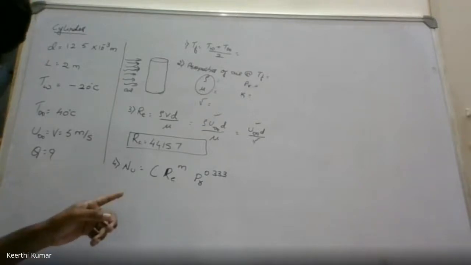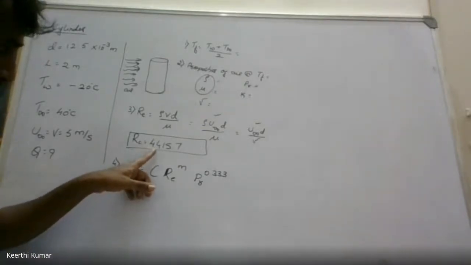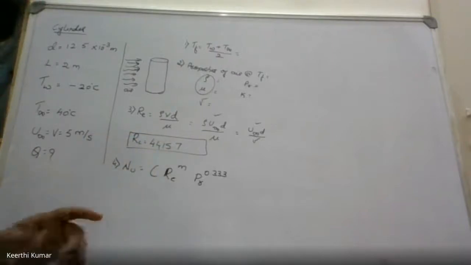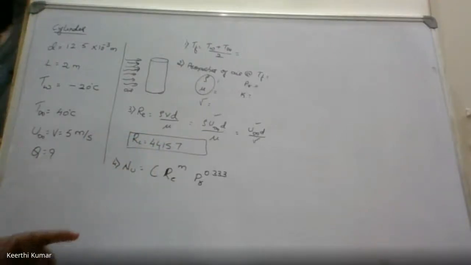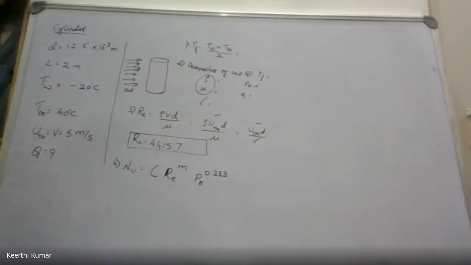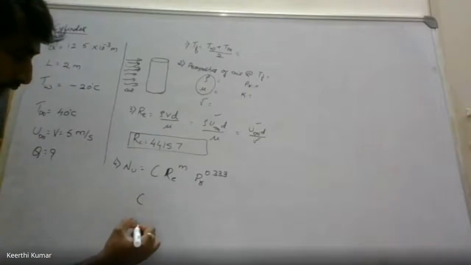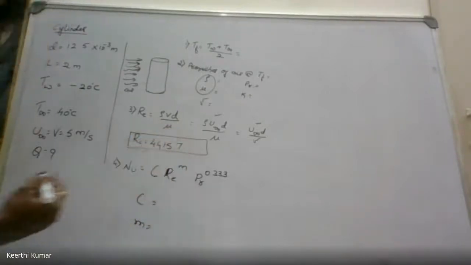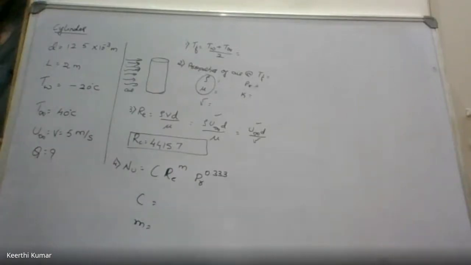So what is the Reynolds number we got now? We got 4,415.7. So it is well within the range of 0.4 to 4 lakhs. So you have to take the value of C and m from the table for the range of 4,415. So it is lying in the range of what? 1, 2, 3, 4. Fifth row.